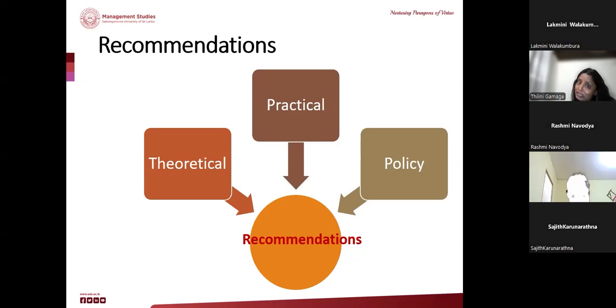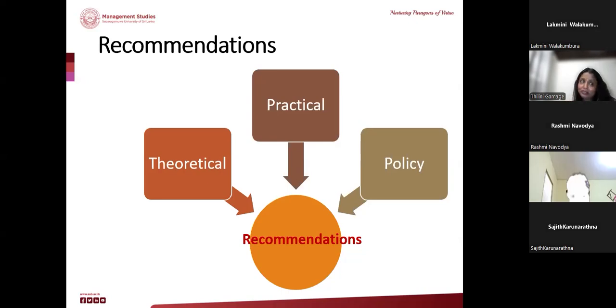So we'll talk about recommendations in research now. By now, all of you might have a good understanding that based on your findings, you need to derive recommendations. So let's talk about recommendations in detail.